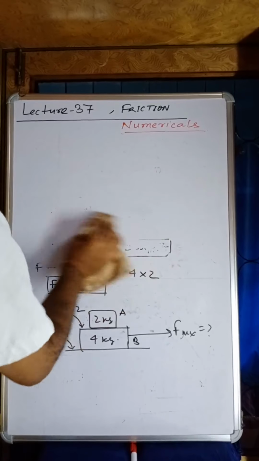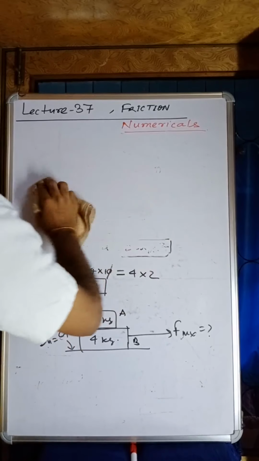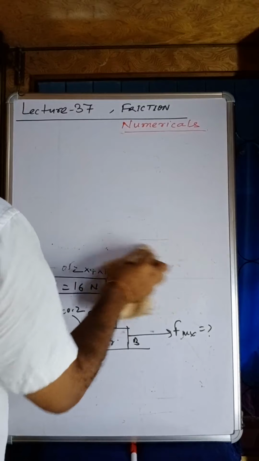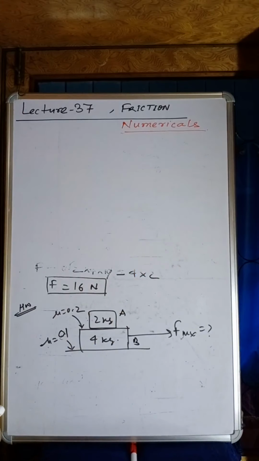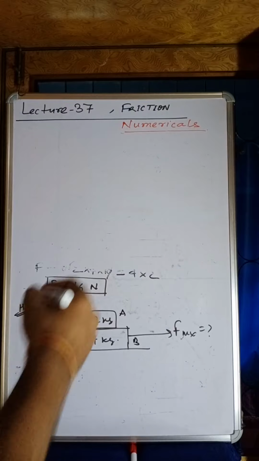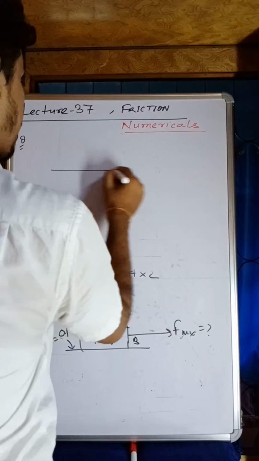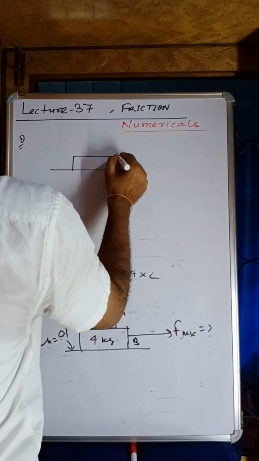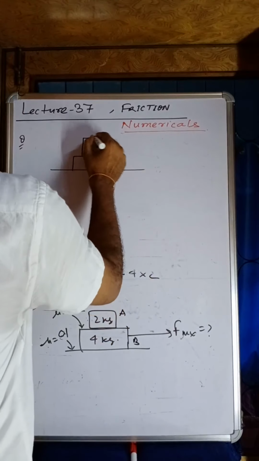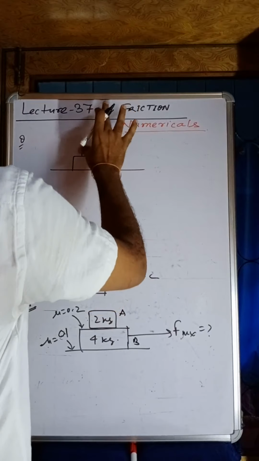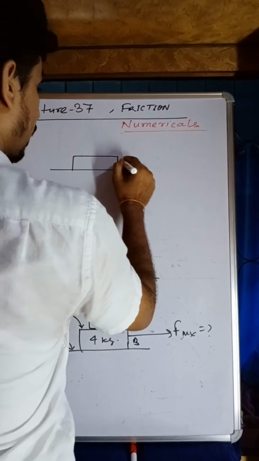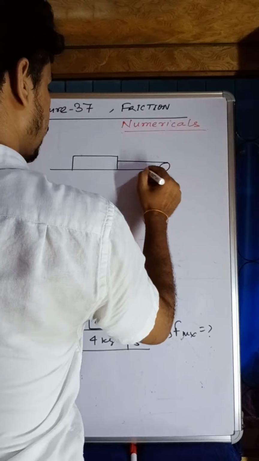Let me draw the question so that you will try. Then after that I'll erase the board. My dear students, this is the question. Two blocks. It is the first block. This is the pulley.